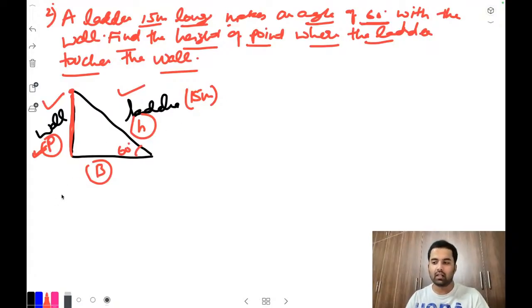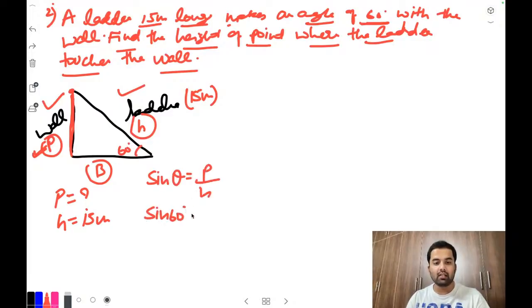Let me also start. Okay, we have to figure out P value. H is given, that is 15 meter. According to P by H, what will come? Sine, right? Sine theta is P by H. Theta value is 60, given. Sine 60 is equal to P by H. So P by 15.